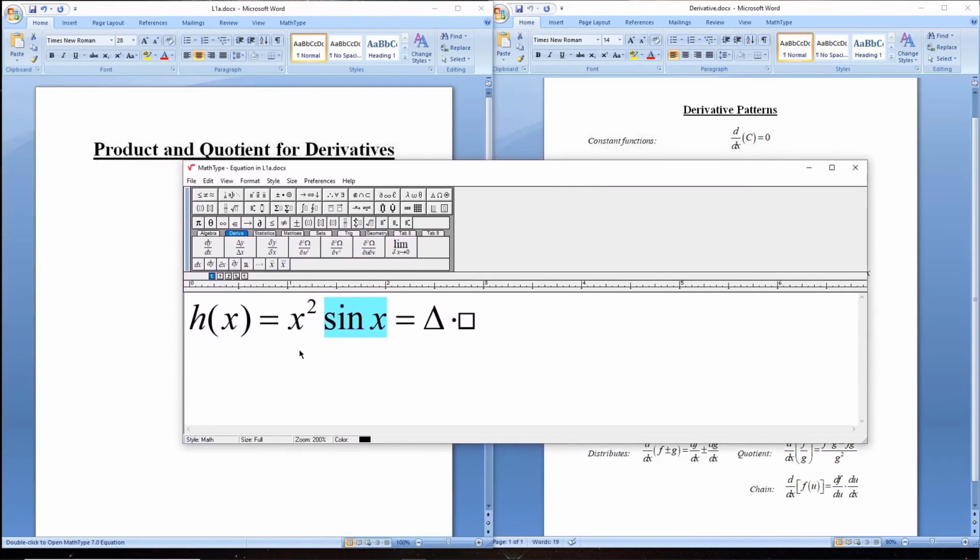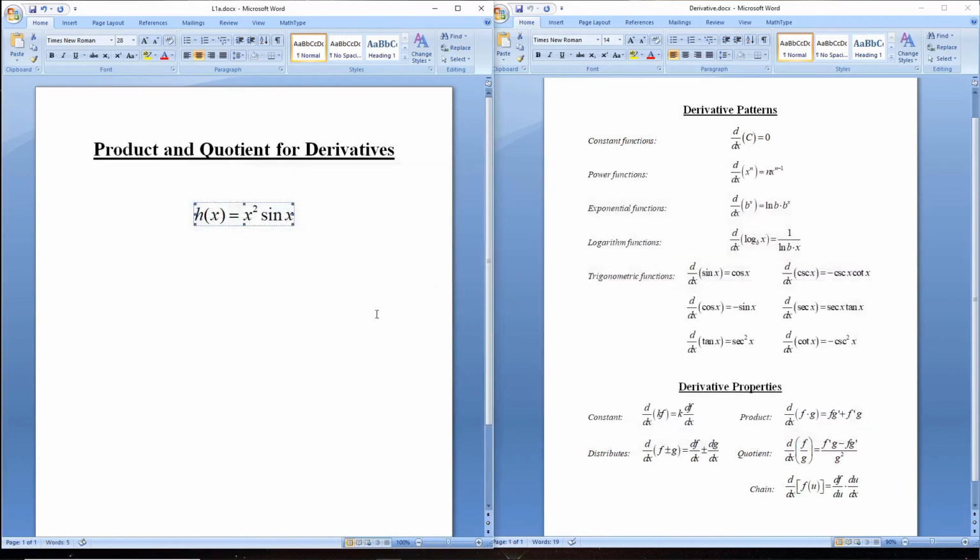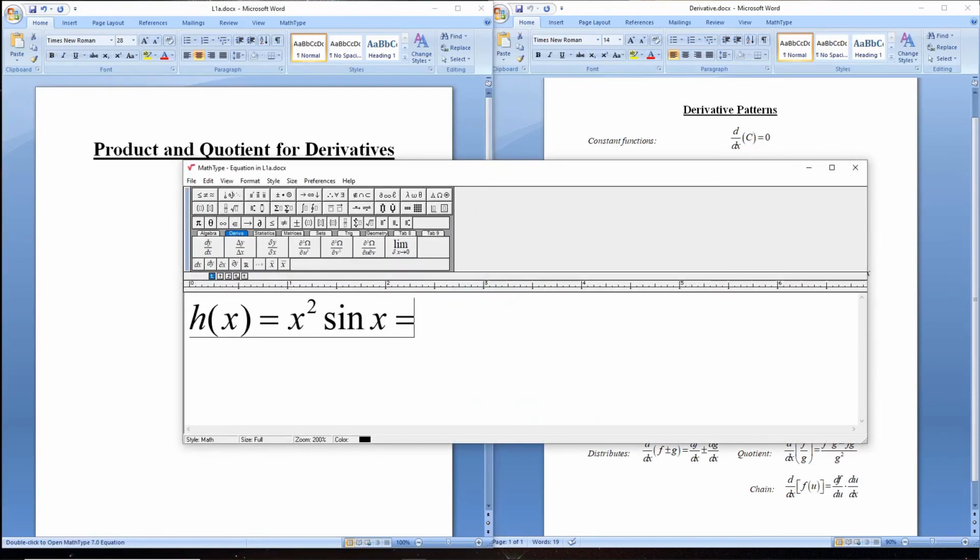So I do think it's very important that you can look at a function. For instance, when you first saw x squared sine x, did you think that this is a power function times a trig function? That would be a good way to think about this. Because what we're going to do is break this into a function times a function.